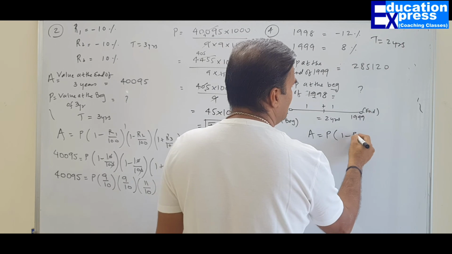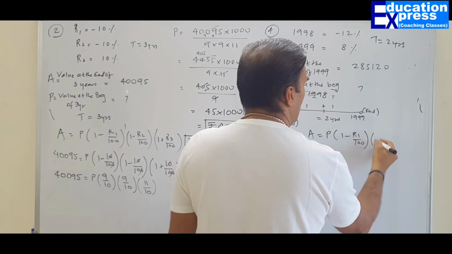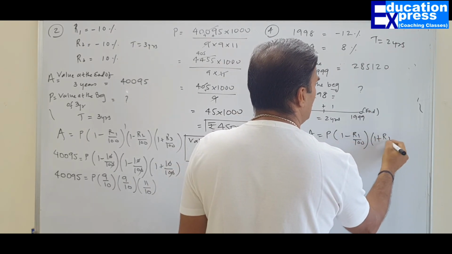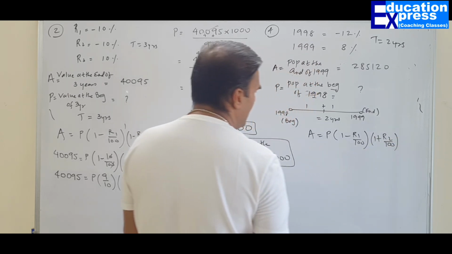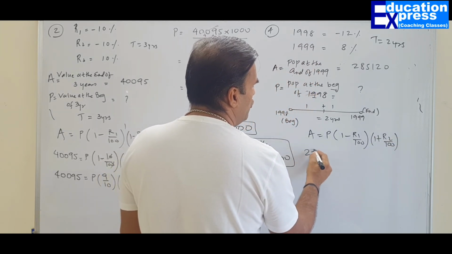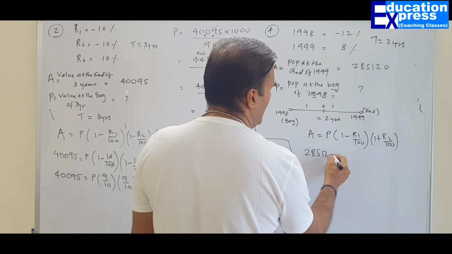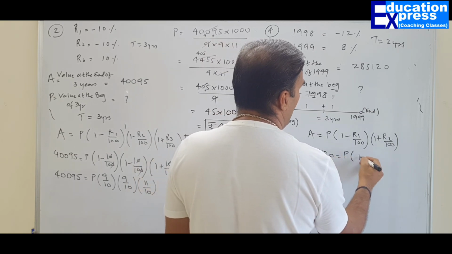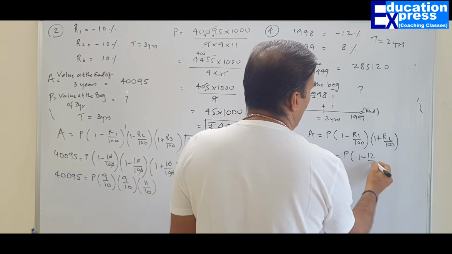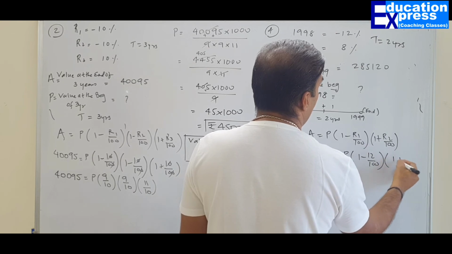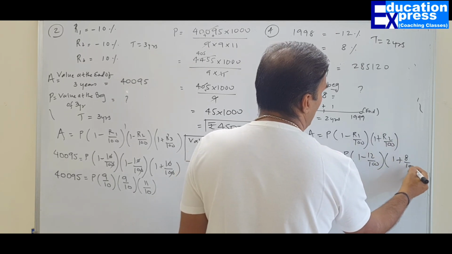So 1 minus R1 upon 100, times 1 plus R2 upon 100. 285,120 equals P, which we don't know, times 1 minus 12 upon 100, times 1 plus 8 upon 100.